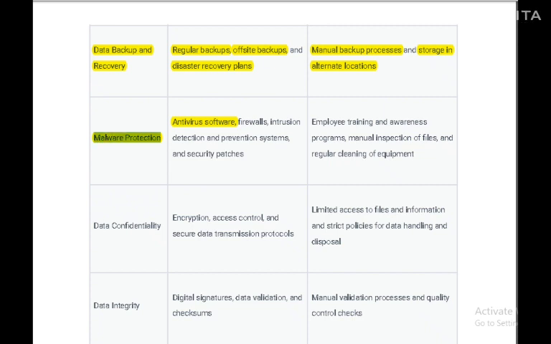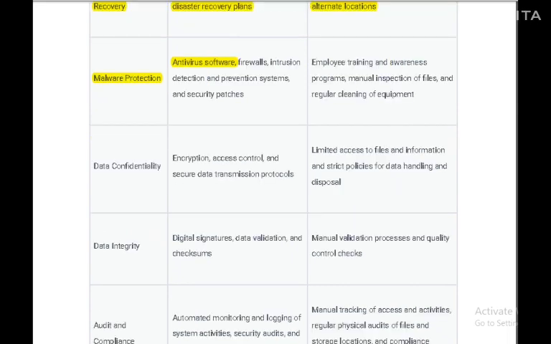Third, we can differentiate both systems on the basis of malware protection. In a computer-based system, we use antivirus software, firewalls, and IDS and IPS, that is, intrusion detection systems and intrusion prevention systems, for malware protection.